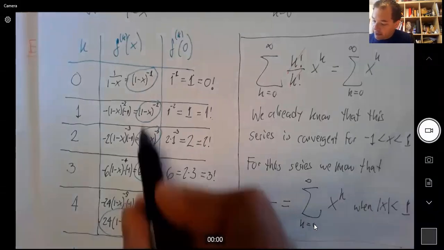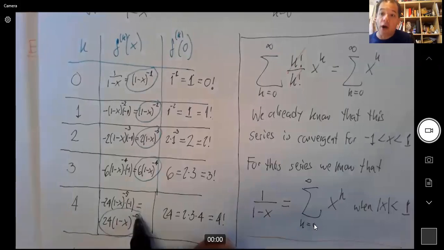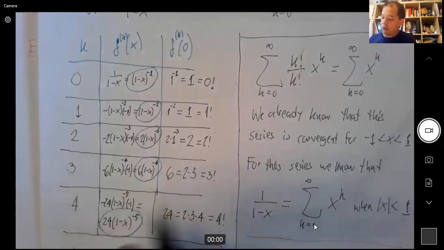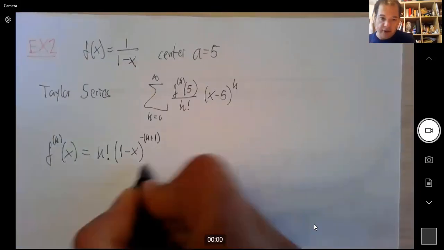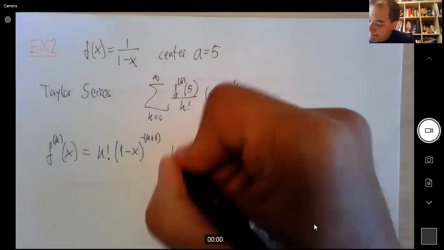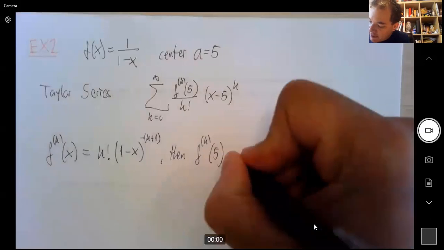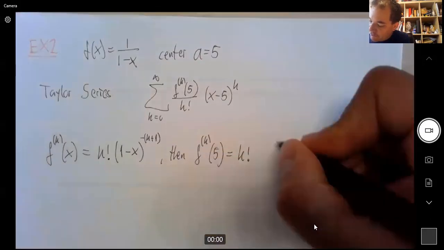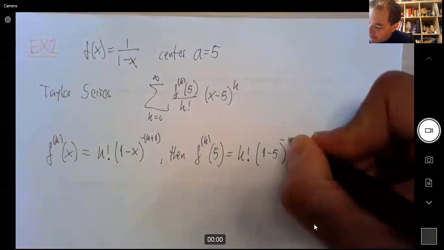These numbers over here are the factorials. So this is 4 factorial. And then it's 1 minus x to the power, the exponent 1 more, negative k plus 1. Just like we had here, right? So now let's plug in 5. And when we do that, we get k factorial times 1 minus 5 to the power negative k plus 1.